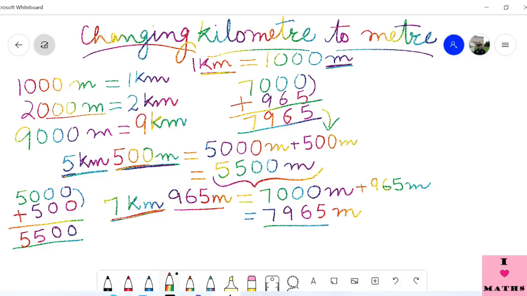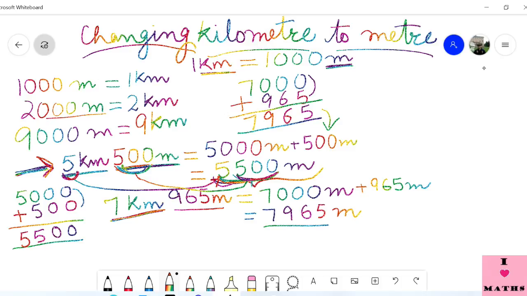Now children, please see here. Here it is 5 kilometer, 500 meter. So we have taken 5 and 500 and the answer is 5,500 meter. This 5 is here and this 500 is here.